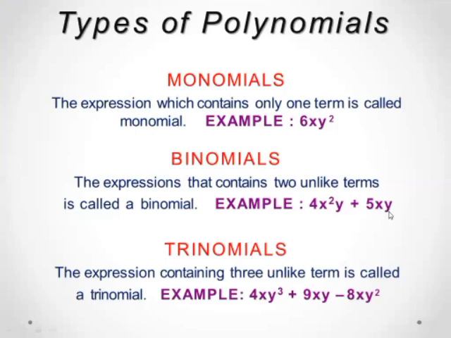Let's come to trinomials. Example is given to you here. An expression containing 3 unlike terms. That is 4xy cube plus 9xy minus 8xy square. So 3 terms are given here connected with plus and minus signs. This is known as trinomial.